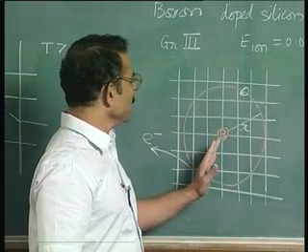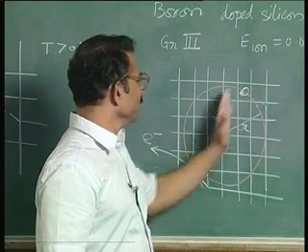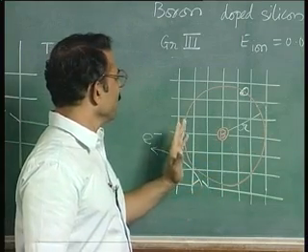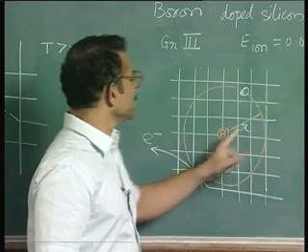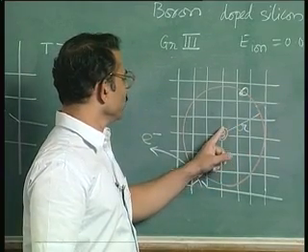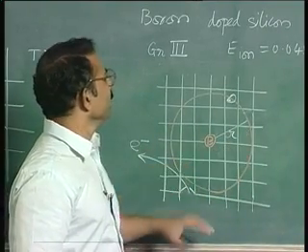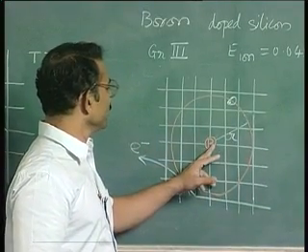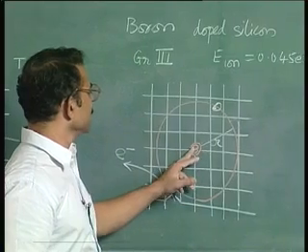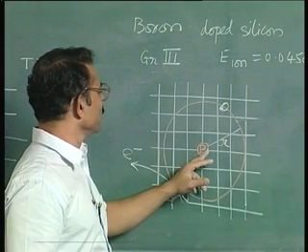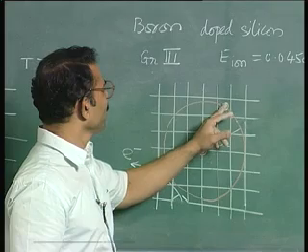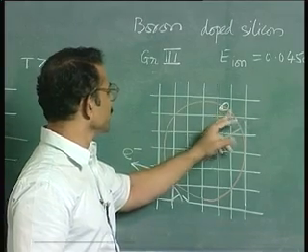So this is a kind of imagination that we do to get a simple model. The only difference between phosphorus and boron, if you adopt this model, is that at T equal to 0 K, a phosphorus atom is equivalent to a positively charged nucleus with an electron revolving around it, whereas a boron atom is equivalent to a negatively charged nucleus, because it has taken the 4th electron from somewhere else, and a hole or a positive charge revolving around it.